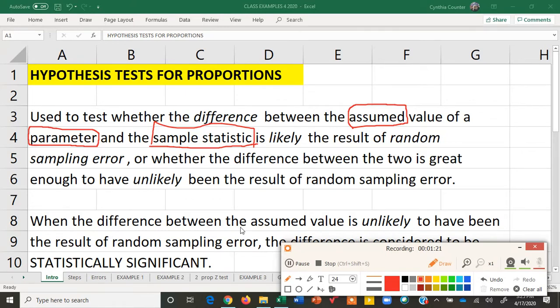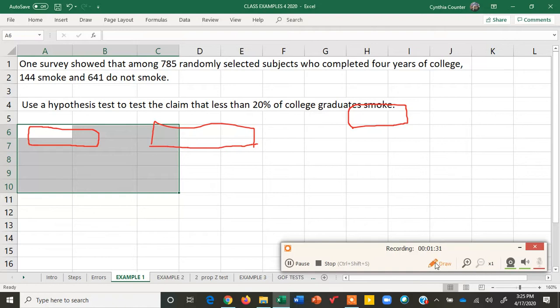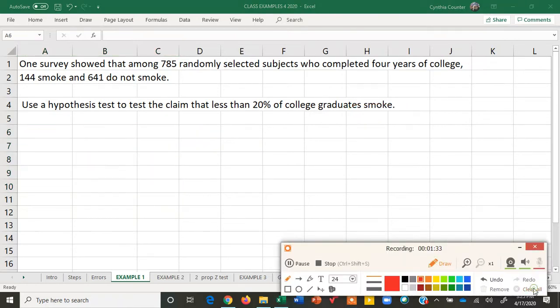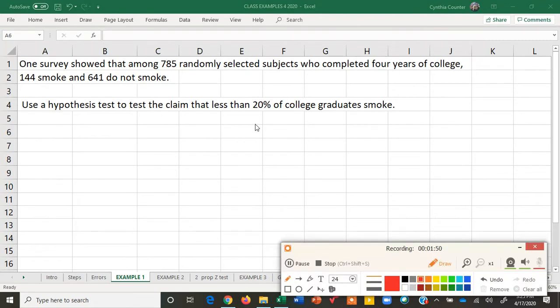So for example, let us go ahead and look at example 1 here, which says, use a hypothesis test to test the claim that less than 20% of college graduates smoke. Notice that this claim is relative to a proportion of 20%.